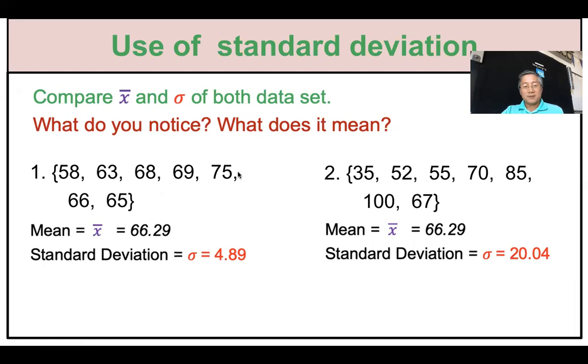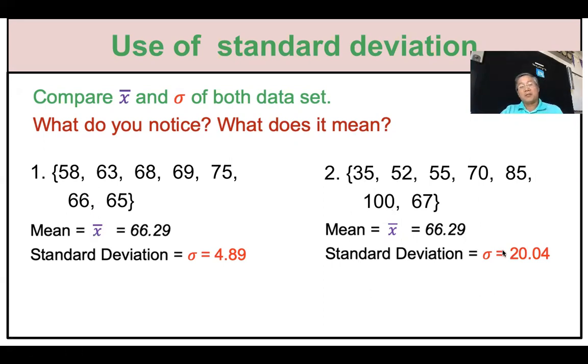Just by looking, you can tell the first scores are very close to each other, but these scores are very far from each other, right? Minimum value is 58, maximum is 75, but here the minimum is 35, maximum is 100, yet their mean is the same.